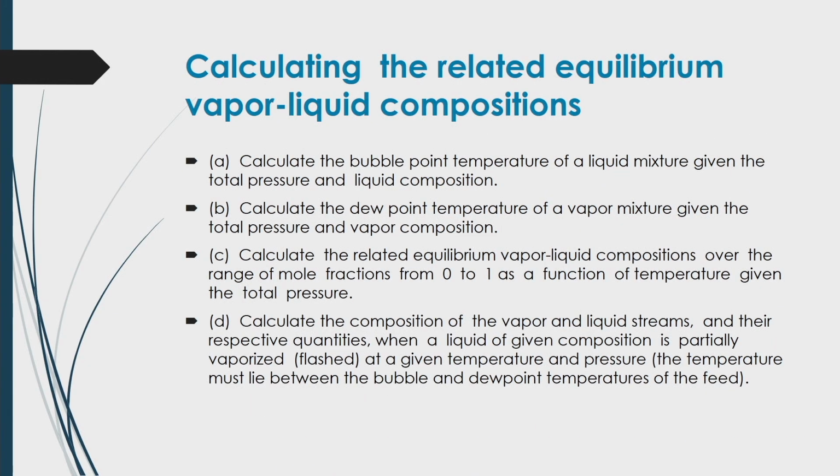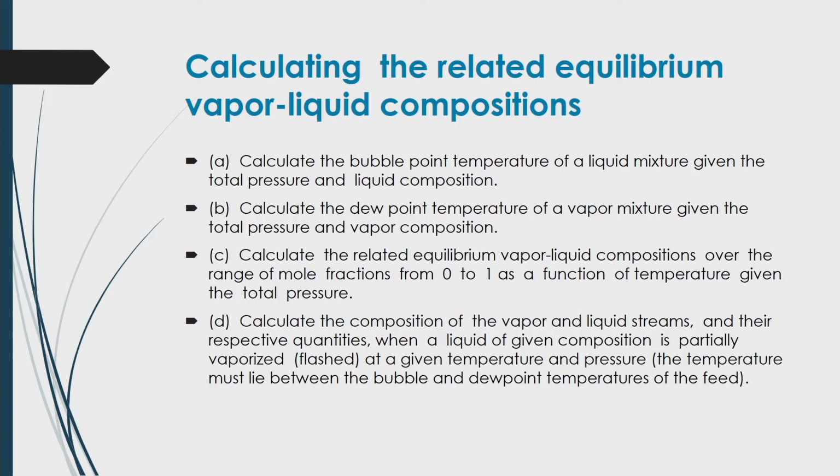Now, for calculating the equilibrium vapor liquid composition, what you have to do? First of all, you have to calculate the bubble point temperature of the liquid mixture at the given total pressure and liquid composition.